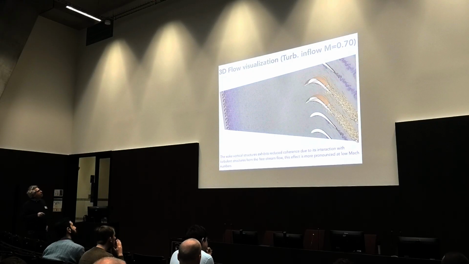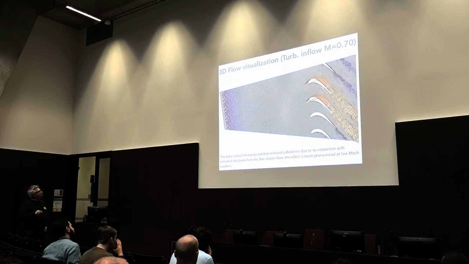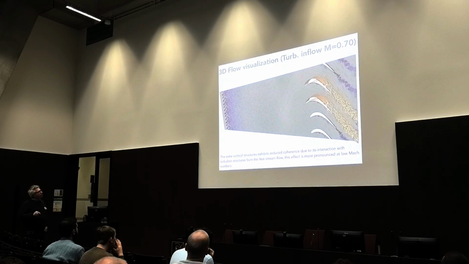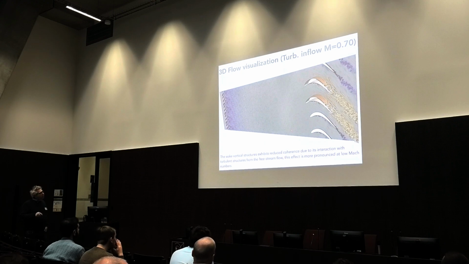So you see here it's quite slow with regard to the reality. Of course, the movie was slowed down. And you see here the turbulent vortical structures that are generated in the wake of the bars, the homogenization of the turbulence, and here you are at the right level of turbulence just in front of the cascade with the correct length scale and the correct turbulence intensity.